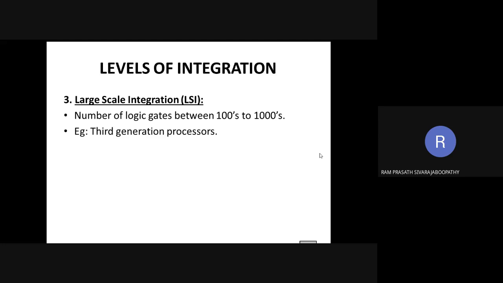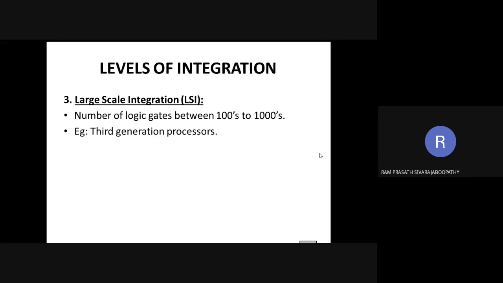They designed computers using mechanical switches. Second generation processor used vacuum tubes or discrete components like transistors, resistors, capacitors. Clear? Third generation processor is made with the help of this IC.